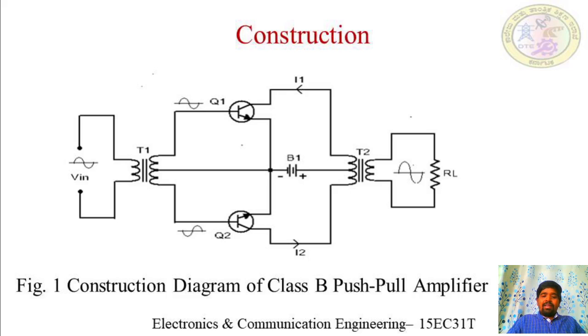That's why transformer T1 acts as the input transformer, and I also mentioned that it is called the splitter transformer. Why is it a splitter transformer? If you observe the diagram, transformer T1 is a center-tapped transformer.